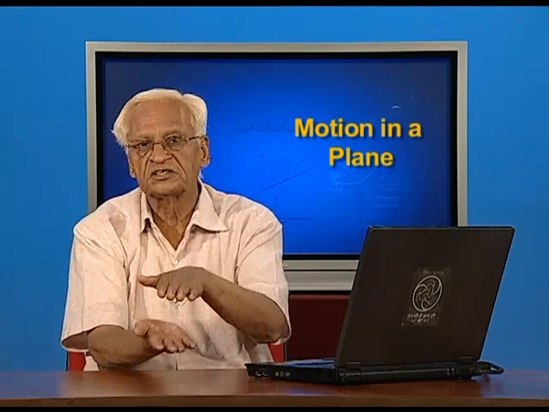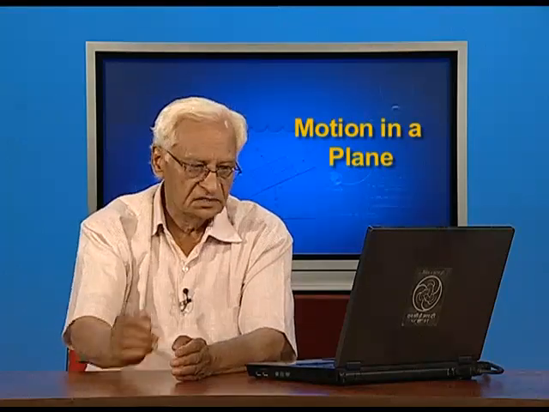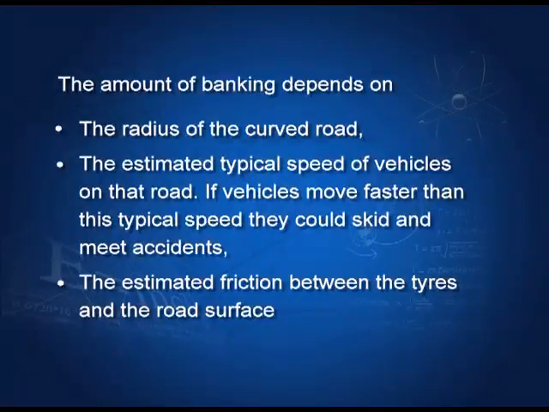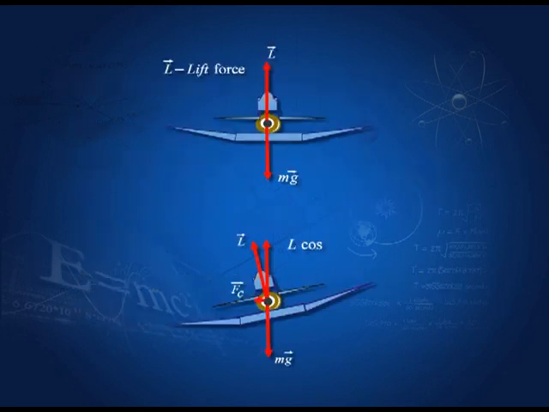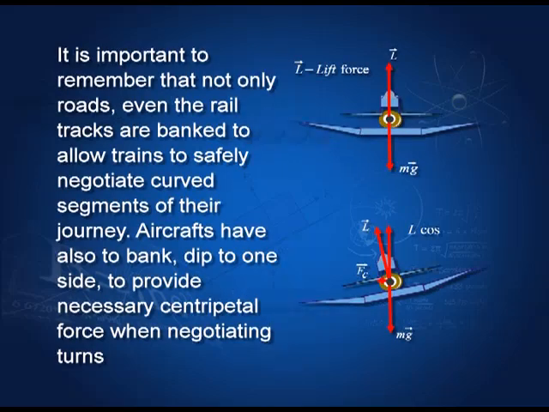What is the force of friction which the tires and the road surface provide for the motion of vehicles? Even planes, when they have to take a curved path, have to bend, and I have shown you the bending here. The bending is to provide centripetal force, so that the plane can safely go round the circular orbit.